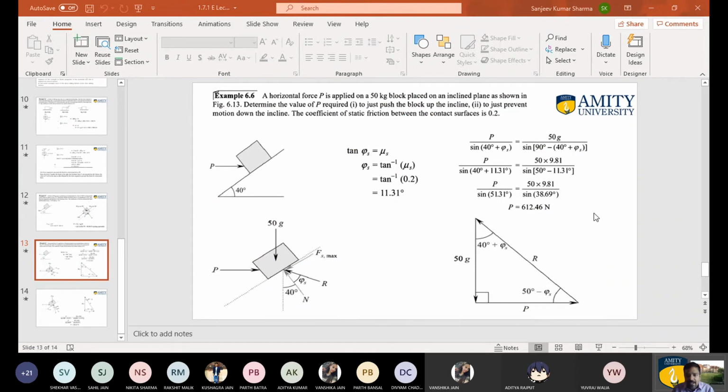Yes, anyone having any doubt? Kusagr Jain, is there any doubt regarding this particular problem? No, sir. Okay. Sahil Jain, is there any problem regarding this particular problem? Is it clear? Yes, sir, it's clear. Okay. Vansika Jain, is there any problem? Vansika? No, sir. Okay.